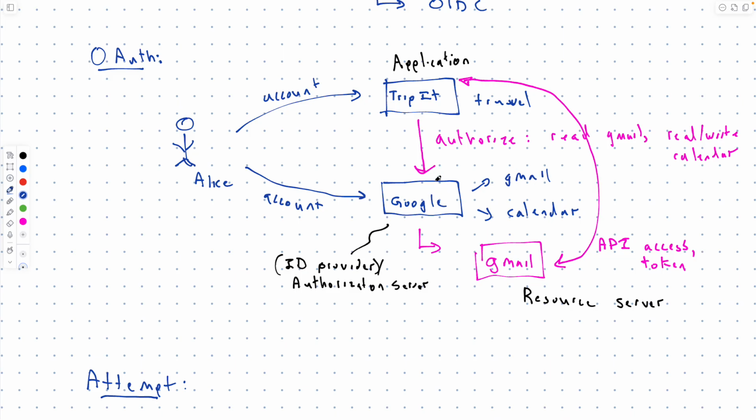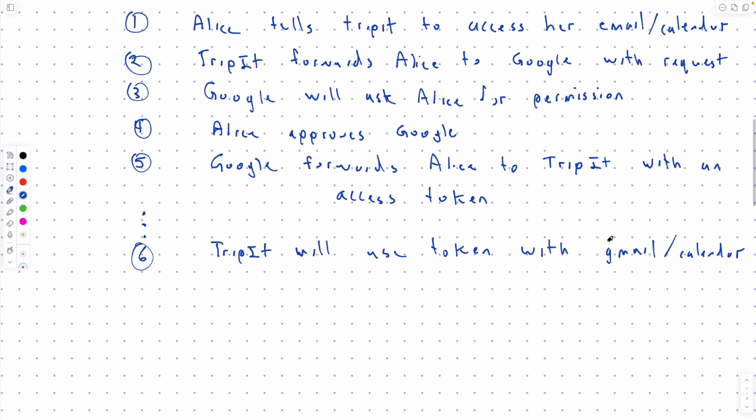And it will go through them and see whether any of them look like booking emails or not. But Alice is no longer involved. So I'm authorizing TripIt to do this. Even if I'm offline, TripIt is still checking my email, monitoring it, and adding stuff to my calendar. And the way that could work is with a token.